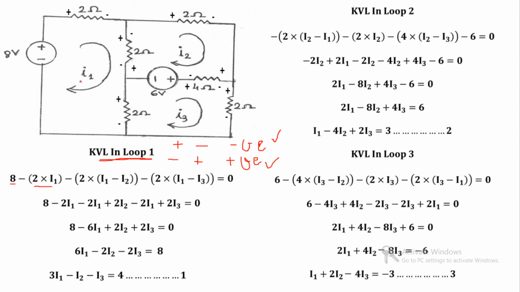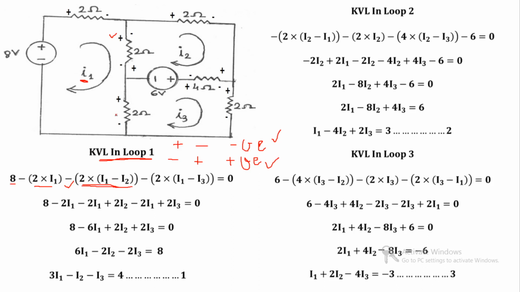Right now we are writing the KVL equation for loop 1, so we will take the loop 1 current I1 as the reference current and consider only the polarity of I1. Here I1 flows from plus to minus, so we consider it a drop. That drop is minus 2 times (I1 minus I2). We subtract I2 from I1 because we are writing the KVL equation for loop 1 only.